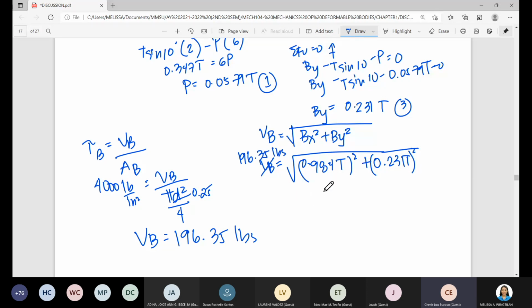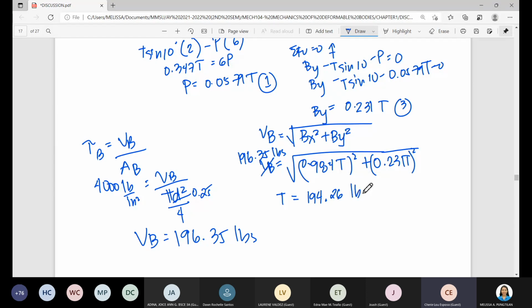So, using your calculator, we can now solve for the value of P. So, our T is equal to 194.26 pounds.